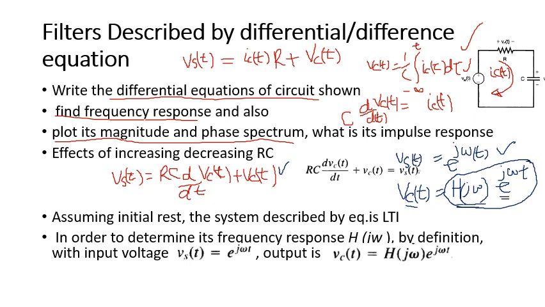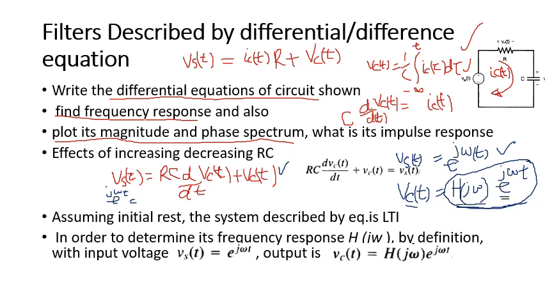If I put this one here, then I get V source, which is basically equal to e power j omega t, and this is equal to RC times the derivative of v_C(t). When v_C(t) is this thing, its derivative is taken with respect to time, so this factor is treated as a constant.